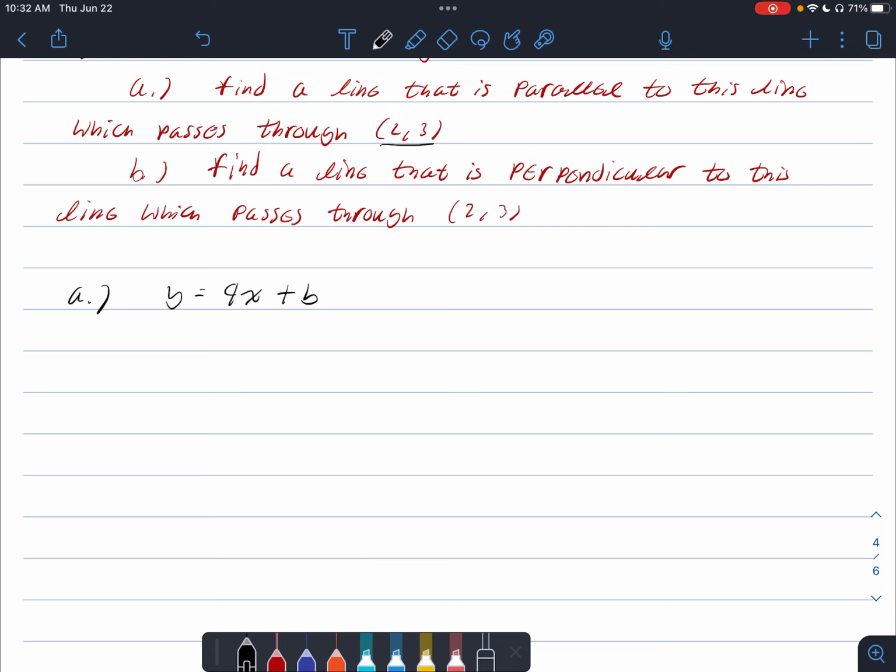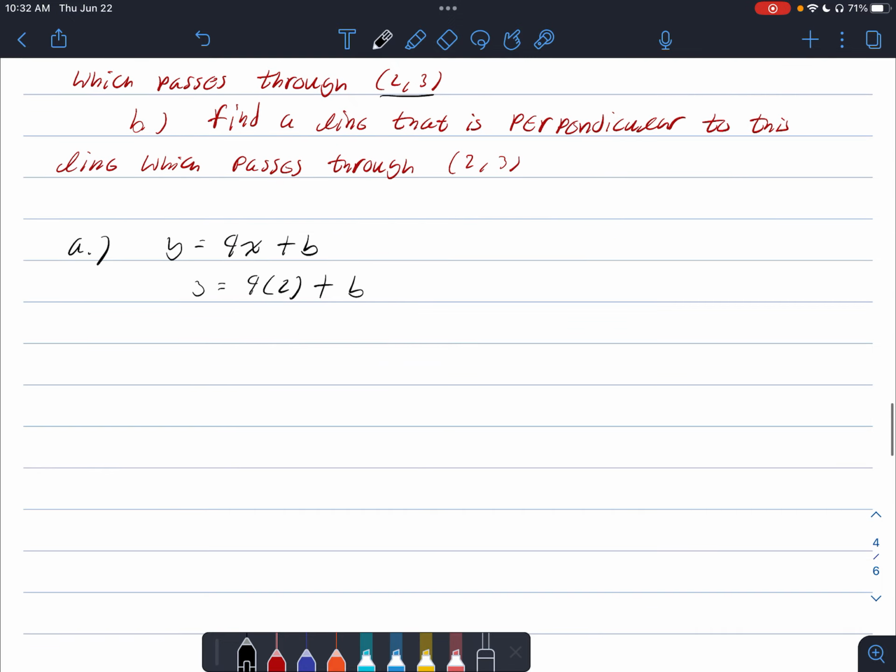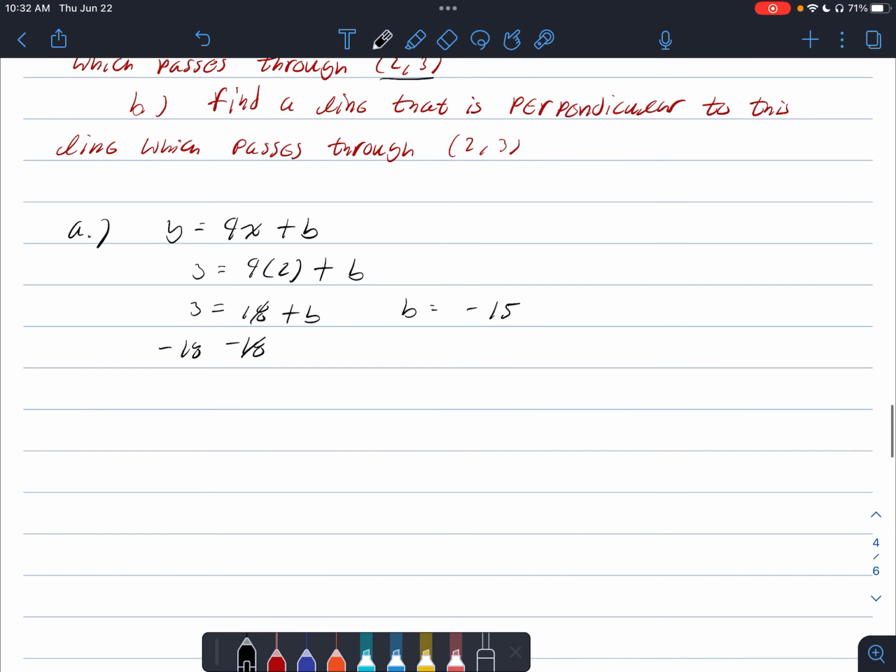So we can say that upon plugging in the point 2, 3, 3 is equal to 9 times 2 plus b. Or we have 3 is equal to 18 plus b. We can take 18 away from both sides, and we'll get that b is equal to negative 15.